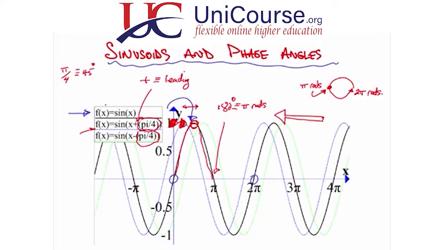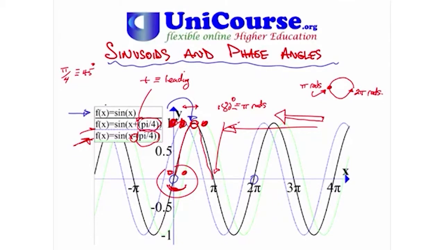Conversely, down the bottom here, we've got this minus sign, denoted by this green one here, which lags, so it takes a bit longer for the green wave to come to you. So if you like, here's you sitting here, and all this stuff is coming your way. Blue hits you first, then the black, and then the green. So that's what we mean by lagging and leading phase angle.